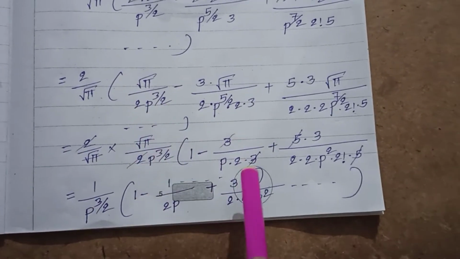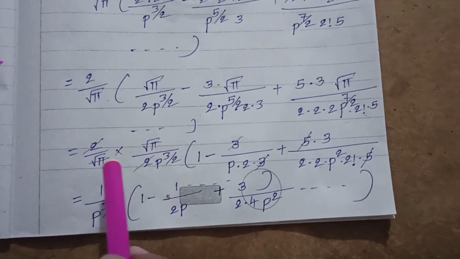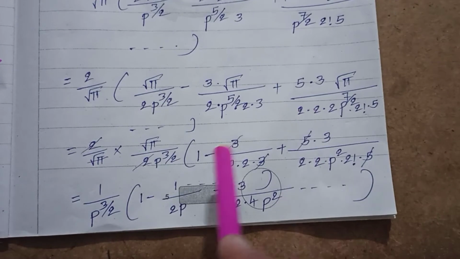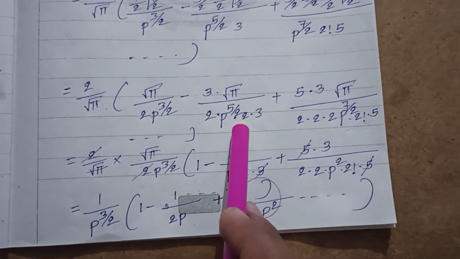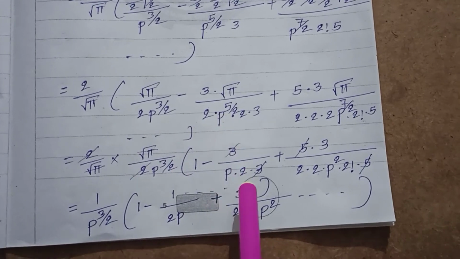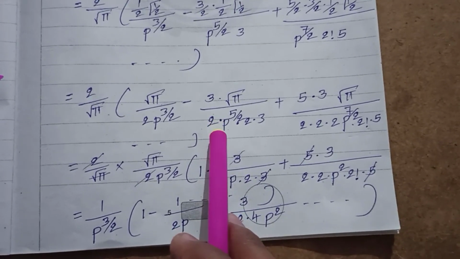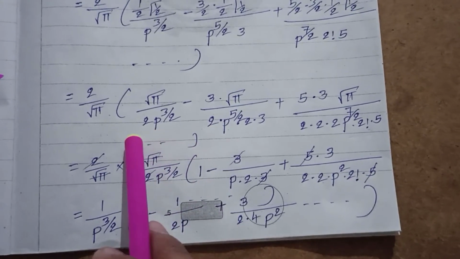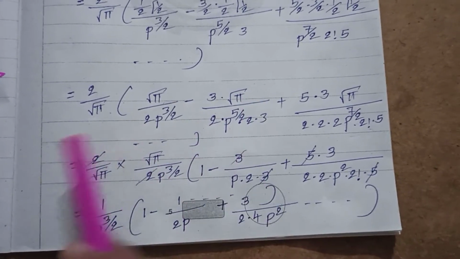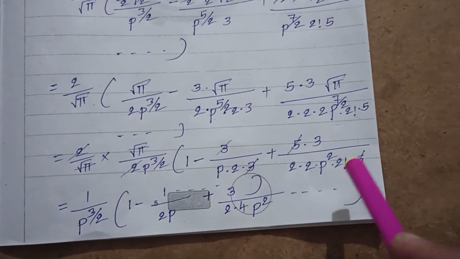Taking the first term common means we will get 1 here. Here 2 will vanish out, square root pi will vanish out. If you transfer p power 3 by 2 here, only p remains, and the 2 and square root pi go from here. The remaining terms we write the same as it is, 3 will vanish out.